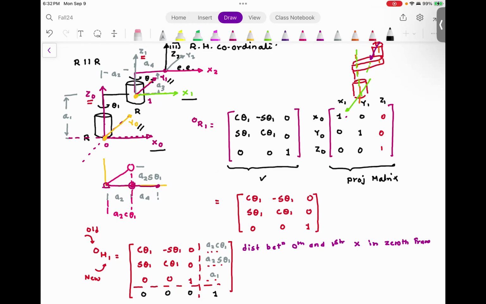For example, it is not wrong: instead of x1 going in the positive direction, I could have used x1 going in the negative direction. Still, it would have been okay, but my projection matrix would have a negative sign. Everyone understood this? Yes. My last frame, which is the frame sitting on top of the end effector, is aligned the same as the previous frame x1. That's why I get a very nice identity matrix.